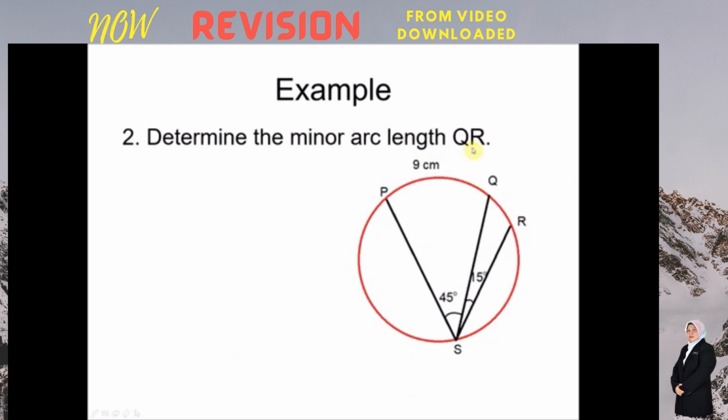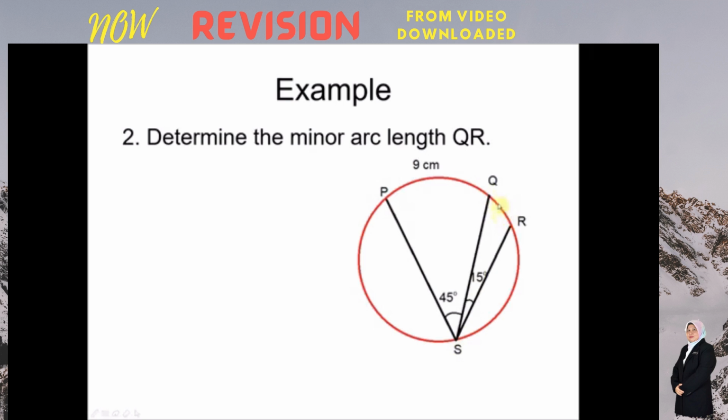Determine the minor arc length of QR. This time we have angle PQ of 45 degrees subtended by an arc of 9 centimeters, and an angle of 15 degrees at the circumference of the circle subtended by the arc QR.